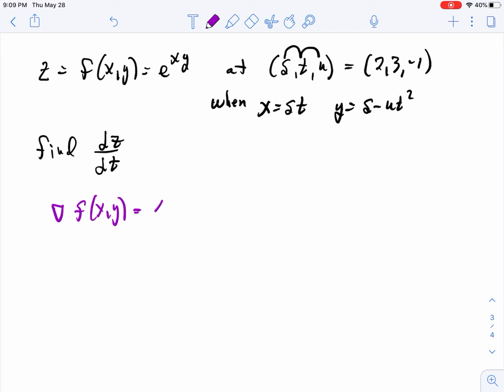Okay, so let's start off with our gradient. Our gradient of f of x, y, converting this into a vector. The derivative with respect to x of e to the xy would be just a y there, and then this would be e to the xy.